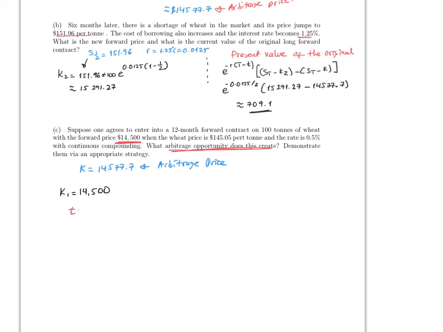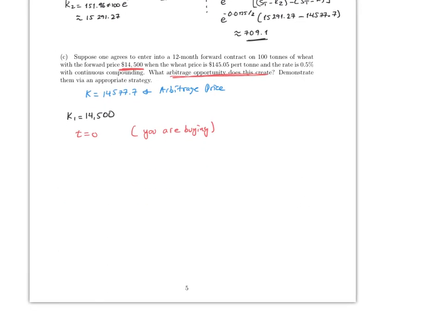At t equals 0, let's say that you are buying. This is what you do. At t equals 0, you enter into the long contract.